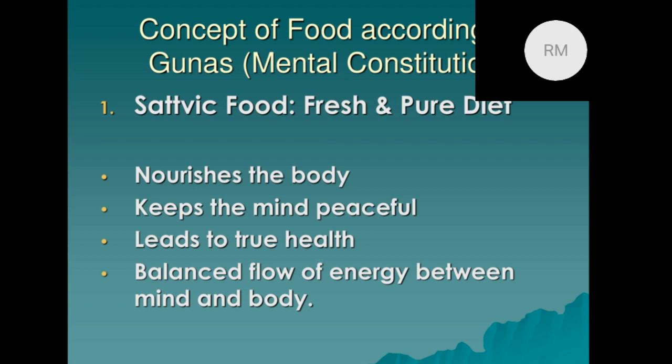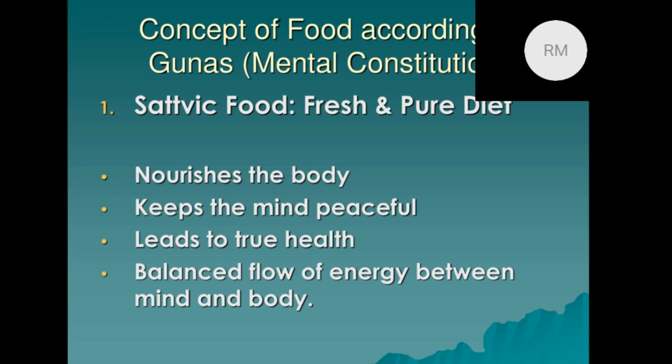So we say there are 3 types of food. The sattvic food, which is fresh and pure diet, nourishes the body, keeps the mind peaceful, and creates a balanced flow of energy between the mind and the body. Some types of food we do not advise for long-term use. Garlic is one food which we would not recommend for long-term use, because it can cause irritation and stimulation of the mind.